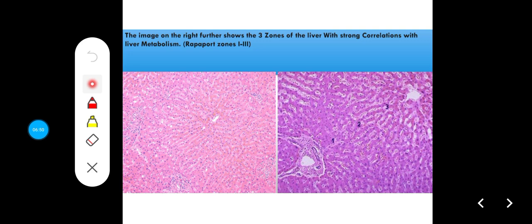The image on the right further shows the 3 zones of the liver with a strong correlation with liver metabolism. So this particular aspect is talking about the Rappaport zones of the liver.